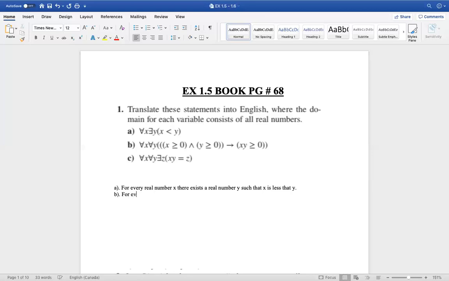We'll say: for every real number x and real number y, if x and y are both non-negative, then their product is non-negative, because we have this implication sign here. So if this thing happens, then this thing happens.